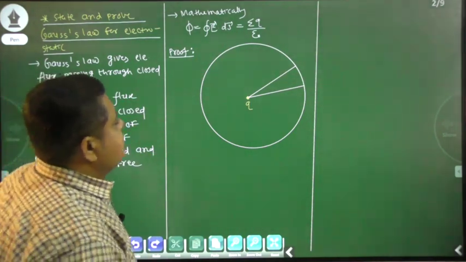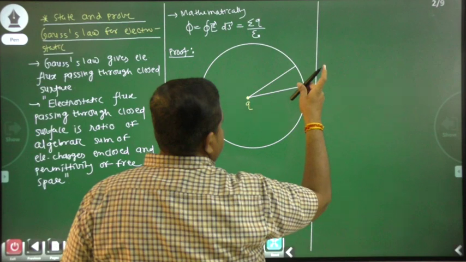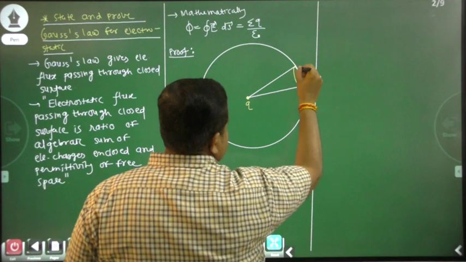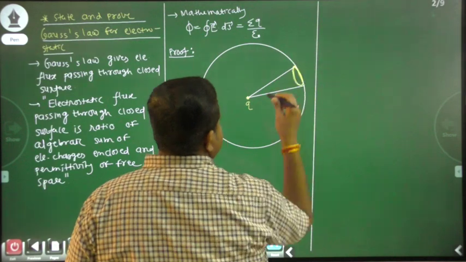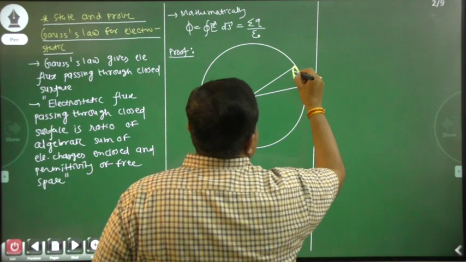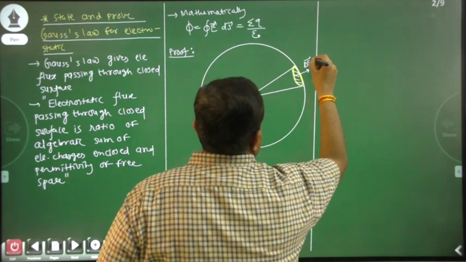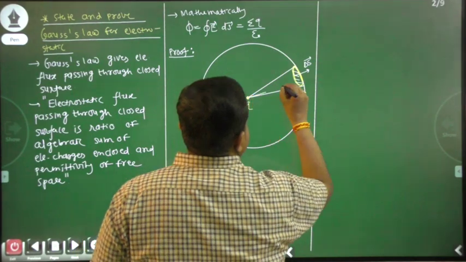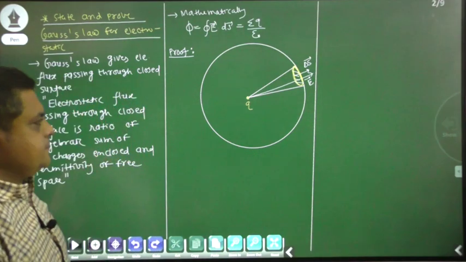At the center of this spherical surface there is charge q. Okay. Now we have to consider this surface area delta S. It is in radial direction. Electric field is also in radial direction. Clear?